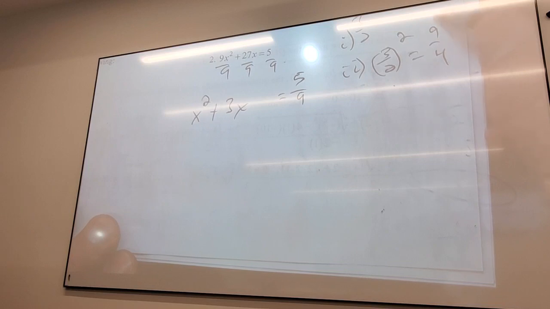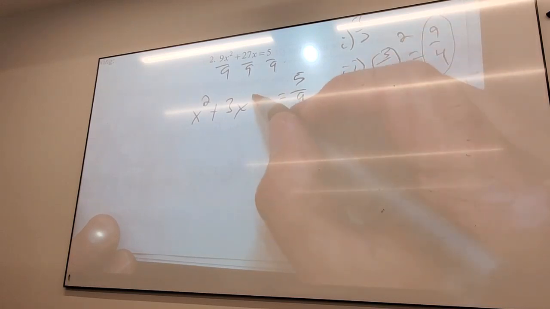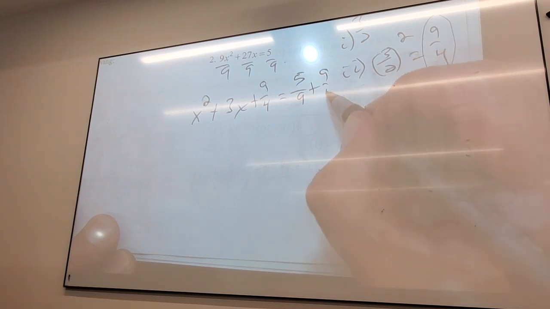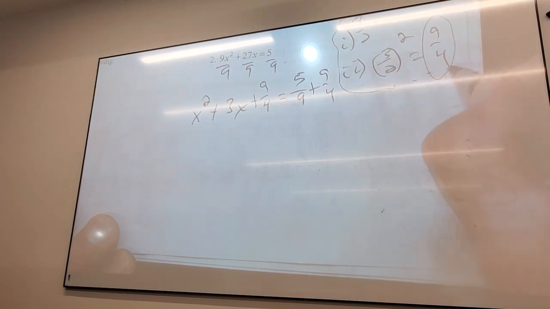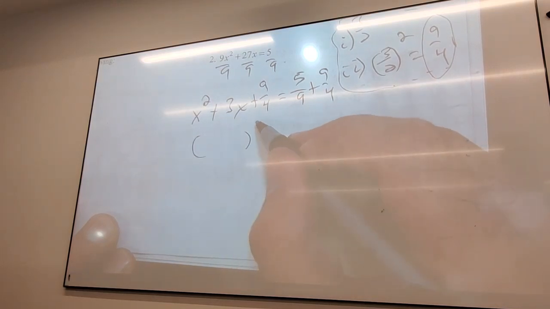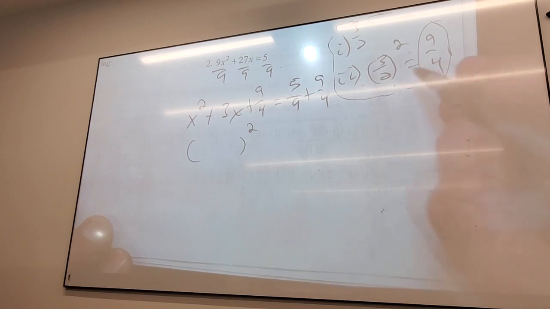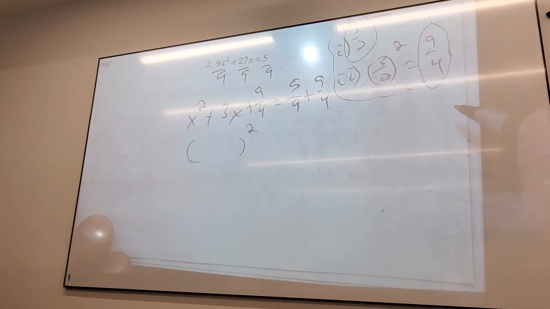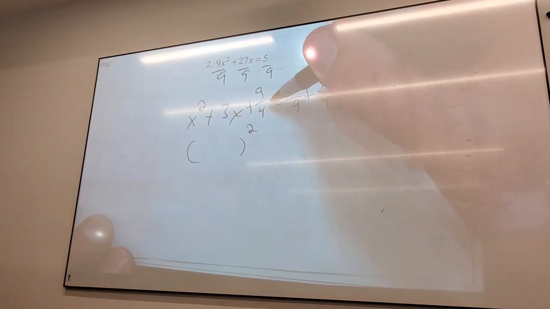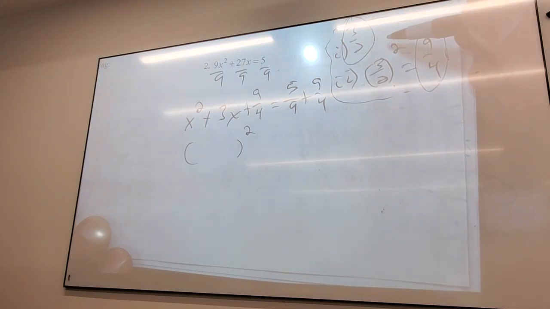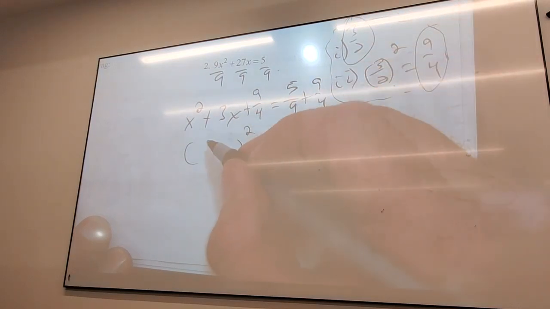So where does this go? Next to the 3x. Yeah, so if I add it here, I better add it here too. And how does this factor? X plus 3 over 2. Yeah, it tells you already, right? So no matter how ugly this part gets, you already know how it factors from the first step.